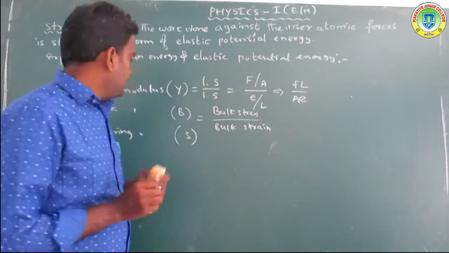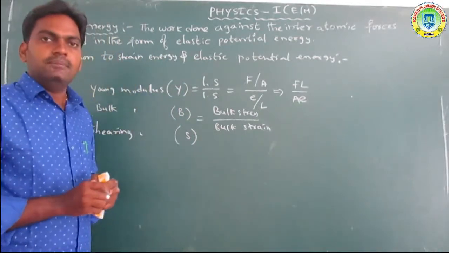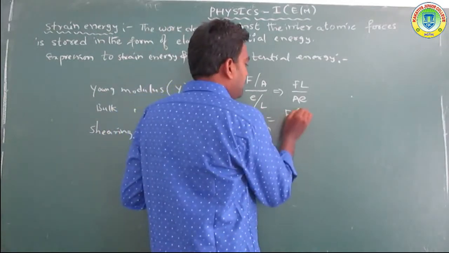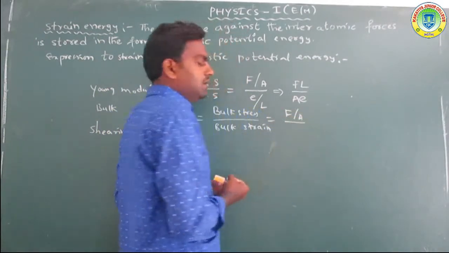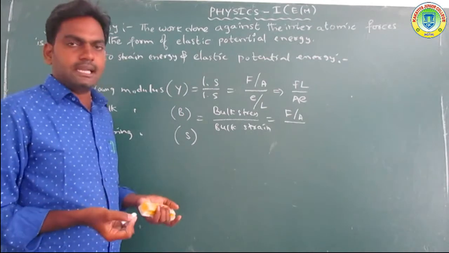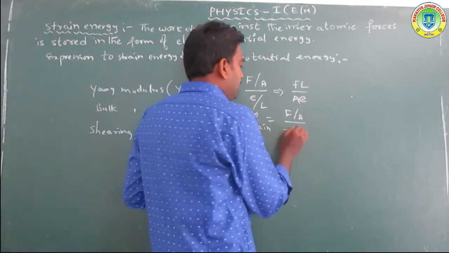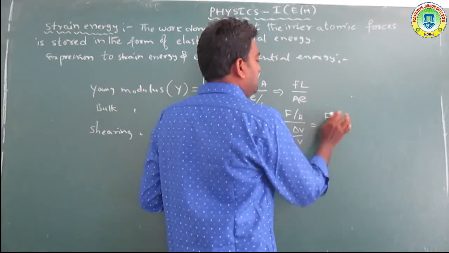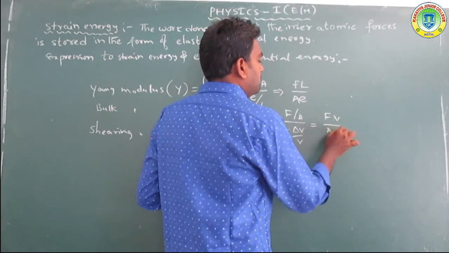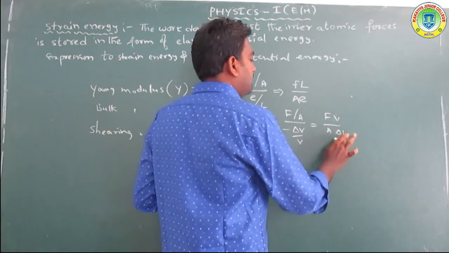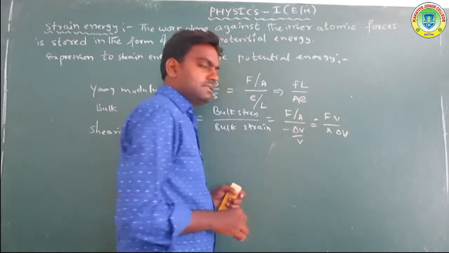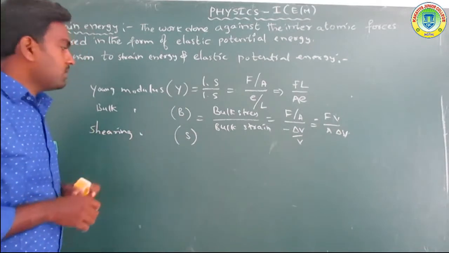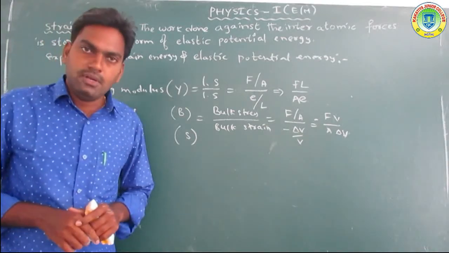Bulk stress is F by A. Bulk strain, or volume strain, is minus delta V by V. The minus sign indicates a decrease in volume. So that is called the bulk modulus.